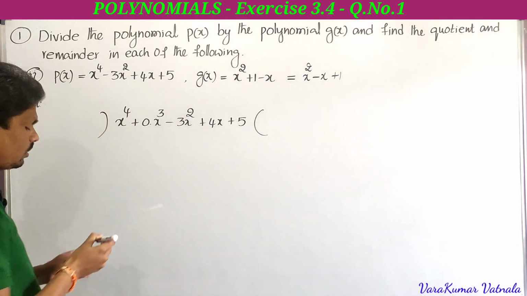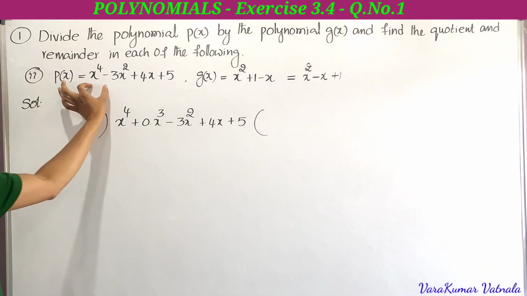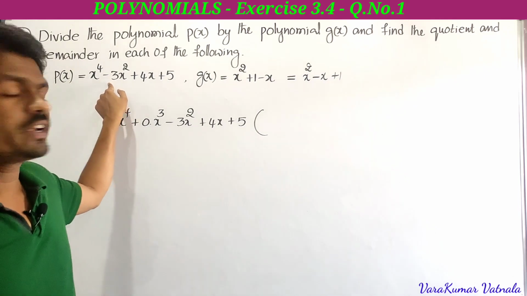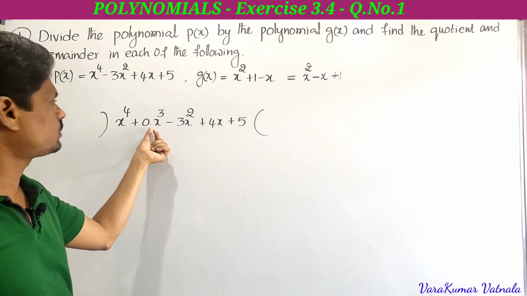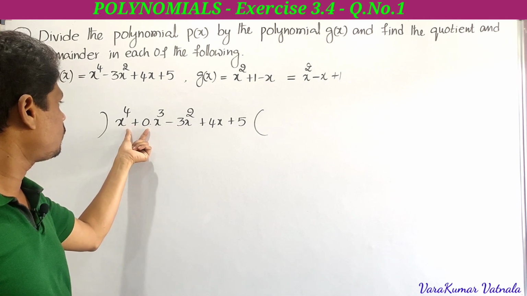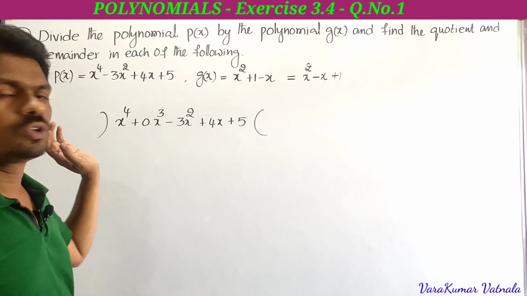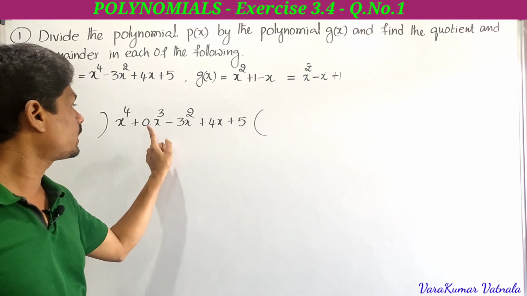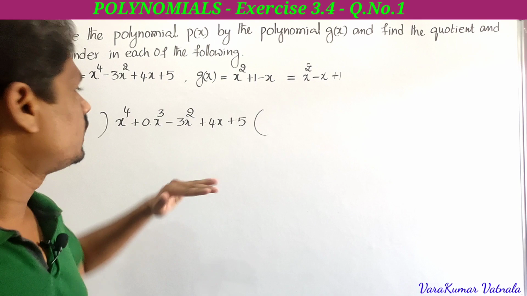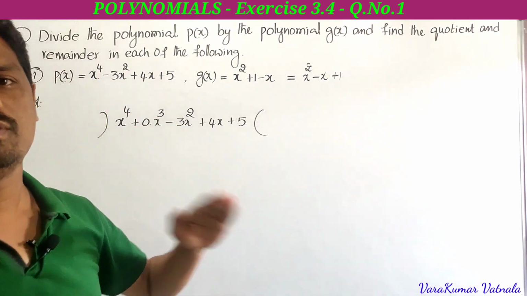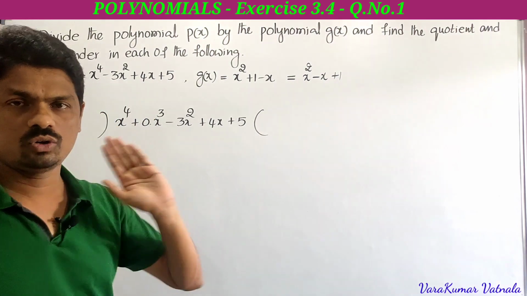There is no x cube term in p of x, but I have written 0 into x cube; x to the power 4 plus 0 is x to the power 4. Just remember to write 0 into x cube, then we can complete the division very easily.